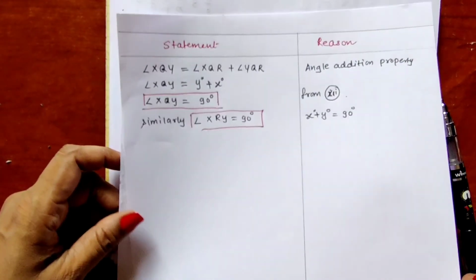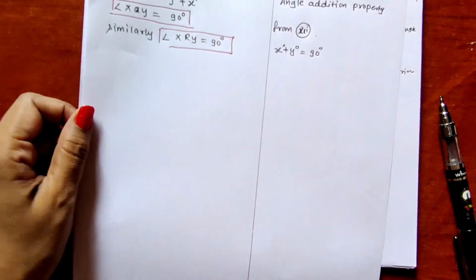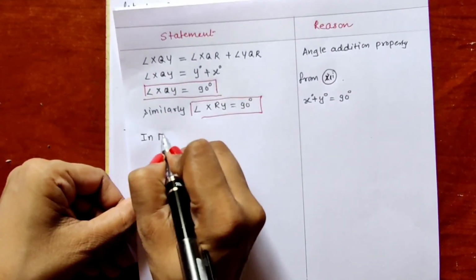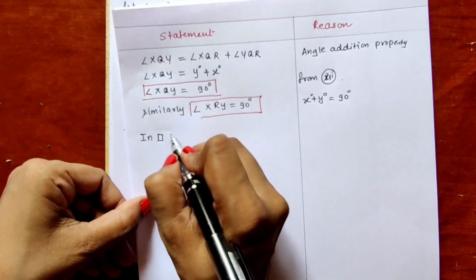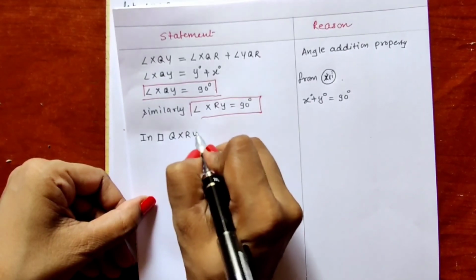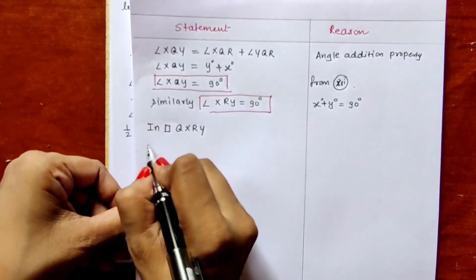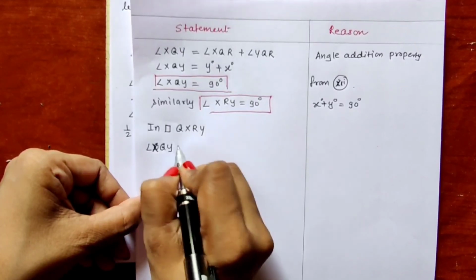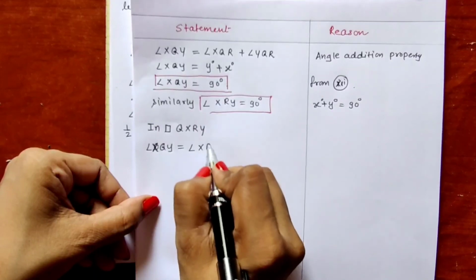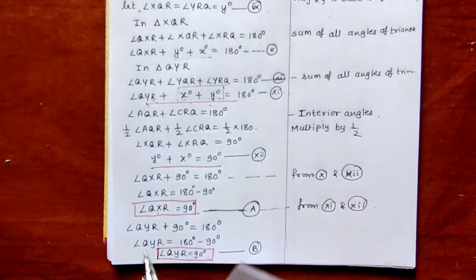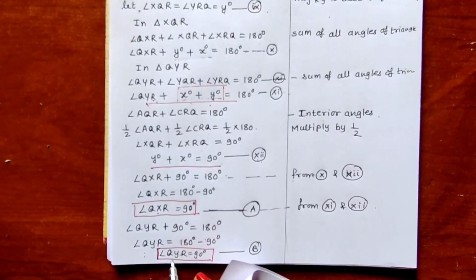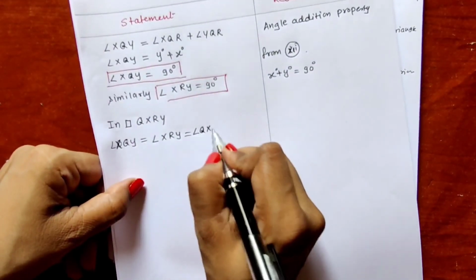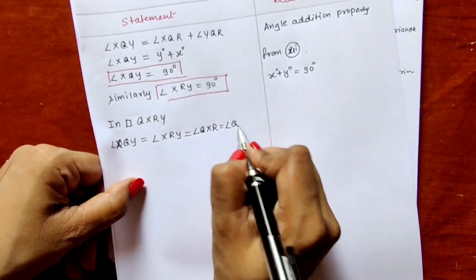So let us write: in quadrilateral QXRY, angle XQY is equal to angle XRY is equal to angle QXR is equal to angle QYR.